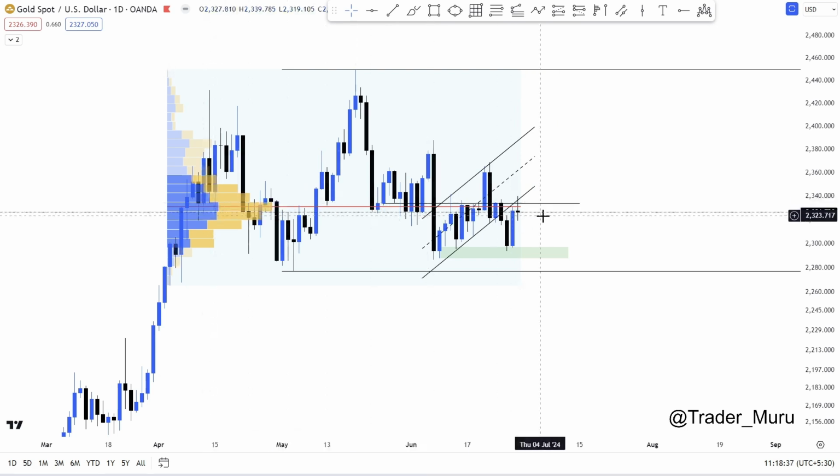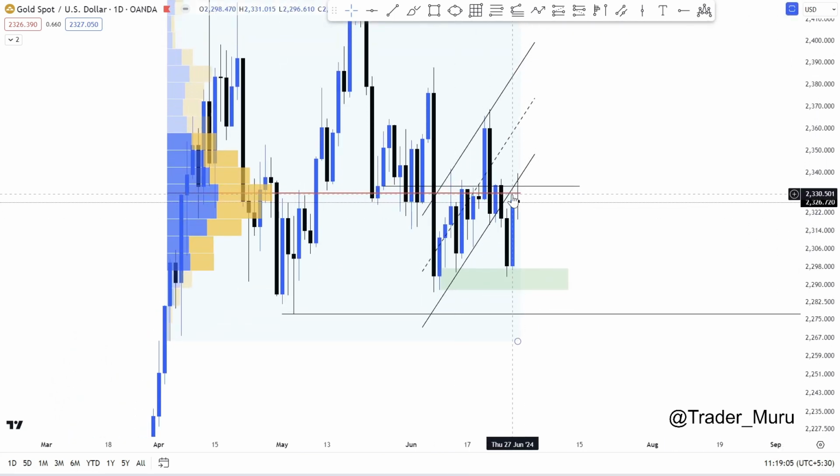This is the most important area right now. Gold has to flip it for more upside, else it will give you a new low near about 2300 or more downside around 2285 right here.